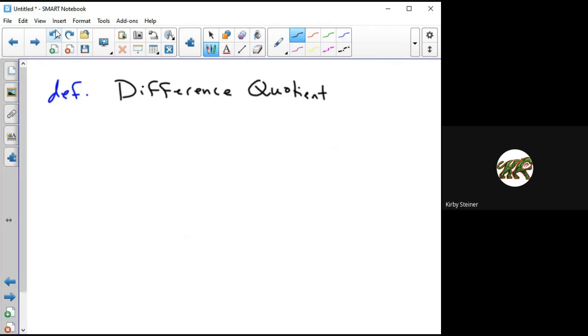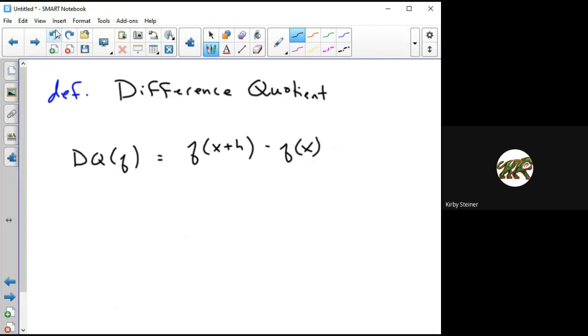Our definition of the difference quotient of f is going to be given as f of x plus h minus f of x, divided by h.